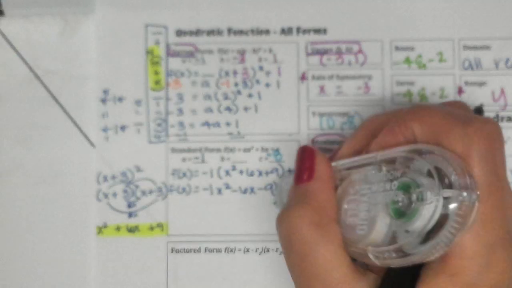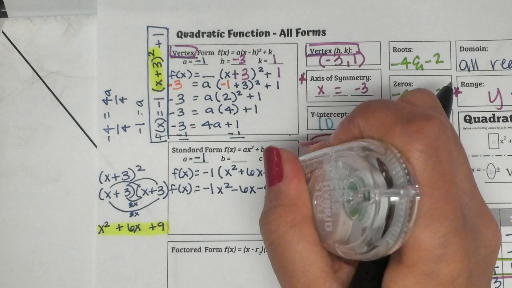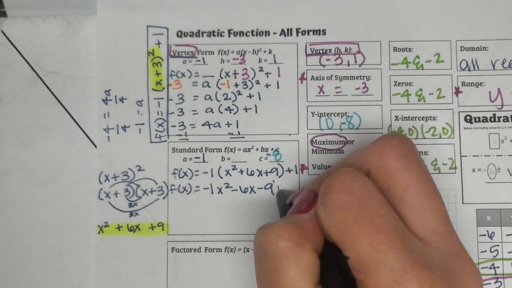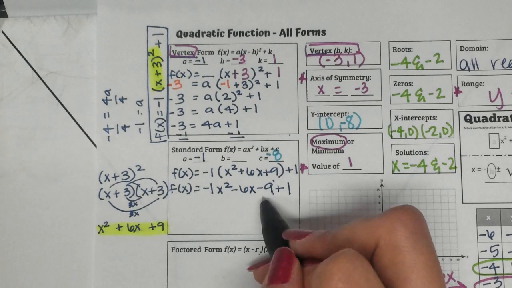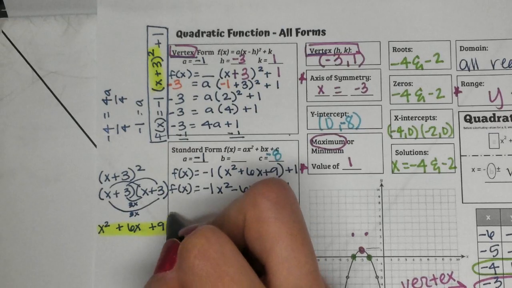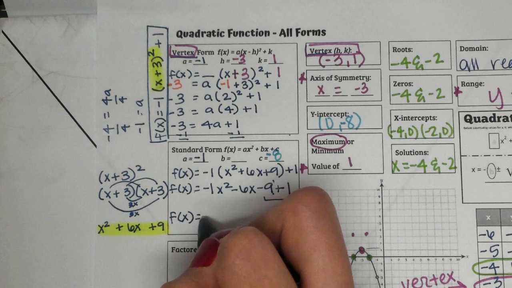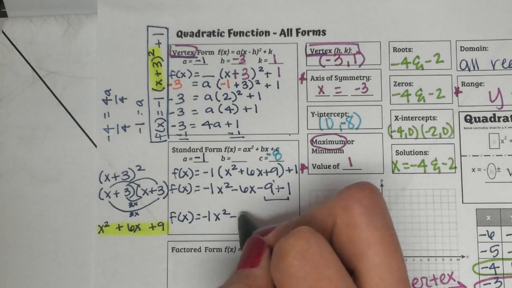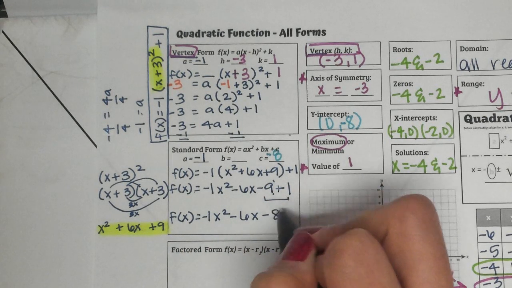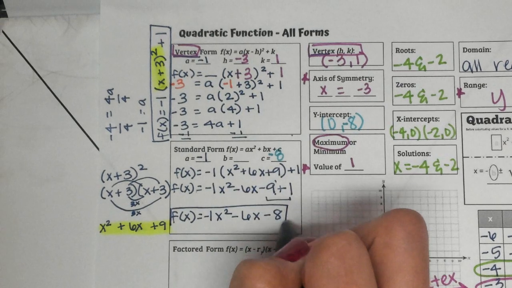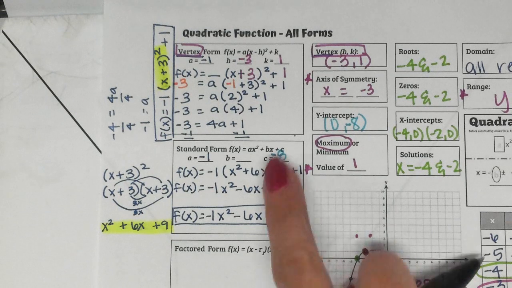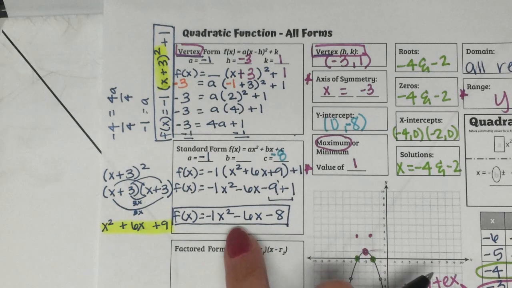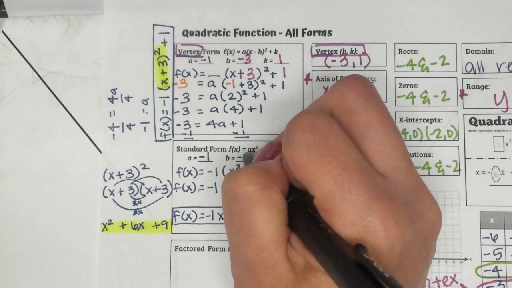No parentheses needed anymore. Plus 1. And then we can combine the like terms over here, so that is f of x equals -1x squared minus 6x minus 8. Notice my C, -8, my A, -1, and now we know my B of -6.